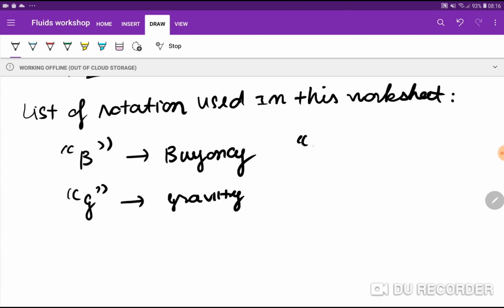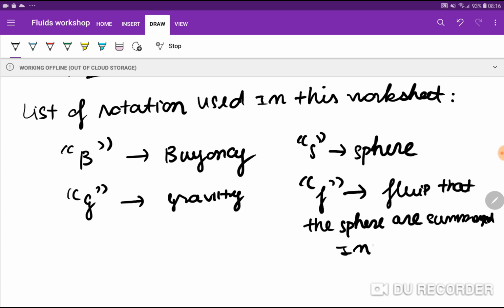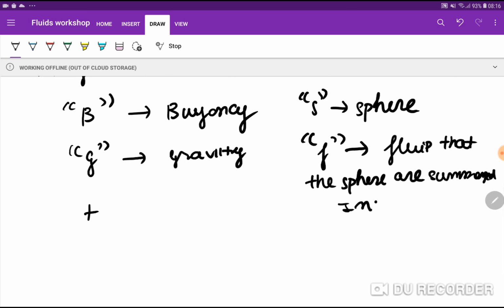You have S, which stands for sphere, and you have F, which stands for the fluid that the sphere is submerged in. And lastly but not least, you have T, which stands for the terminal velocity. So terminal velocity and sphere are probably the new terms you encounter in this chapter.